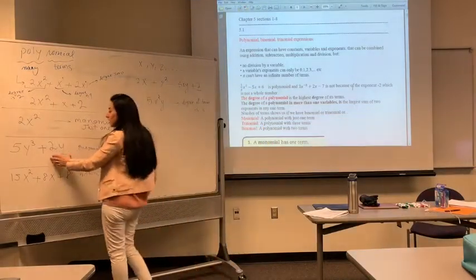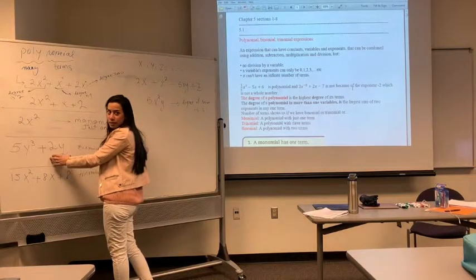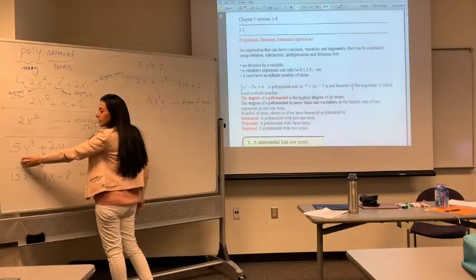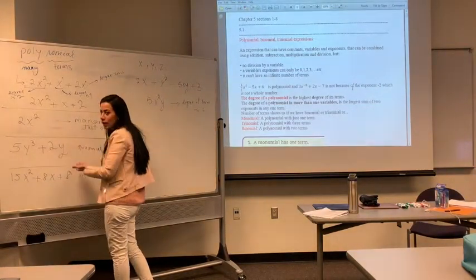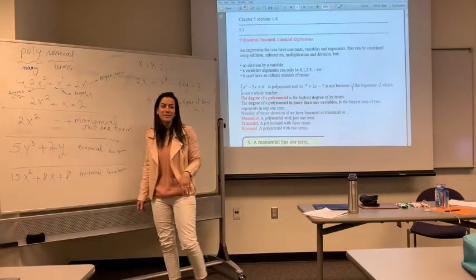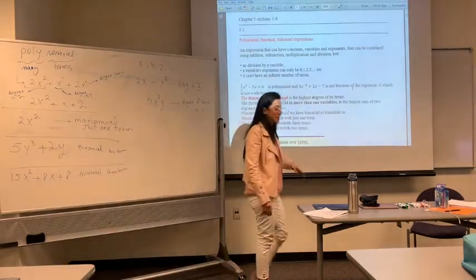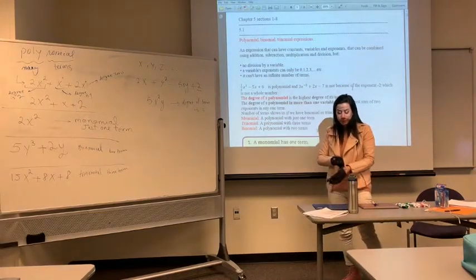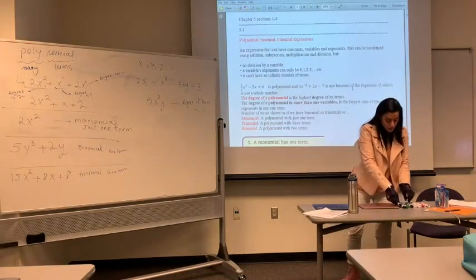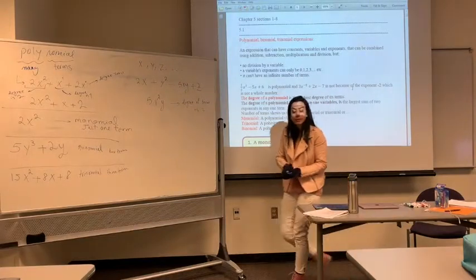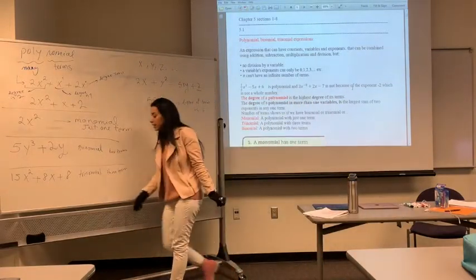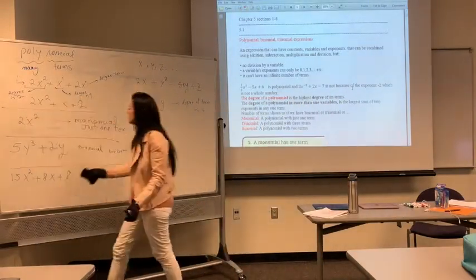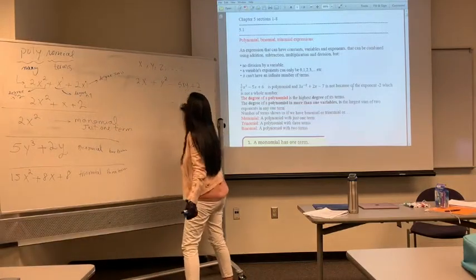So what was the degree here? 1. What is the degree here? 3. Which one is highest? 3. So that would be the degree of the polynomial. Can you repeat what you just said? The highest degree of terms. So let's look at this.